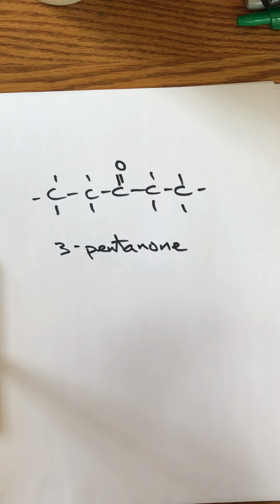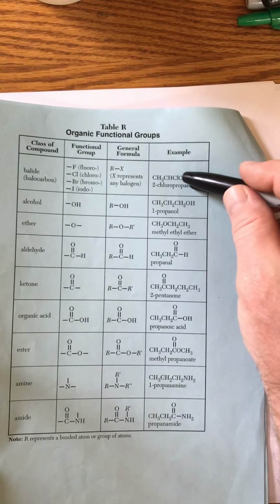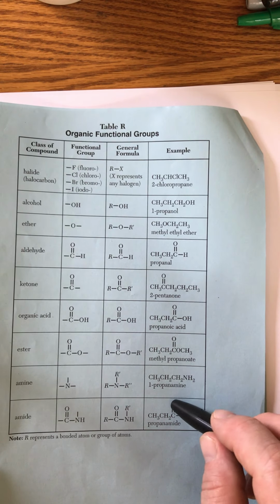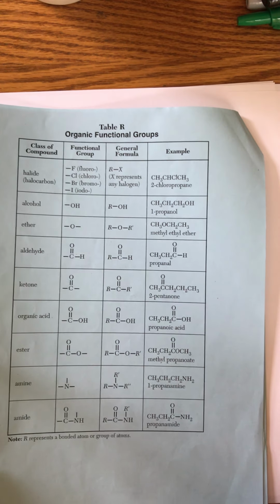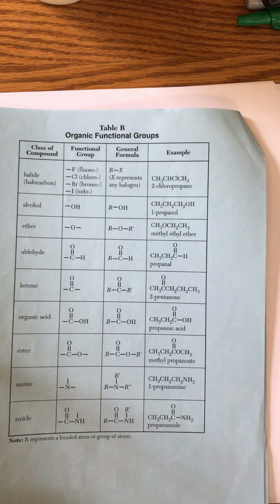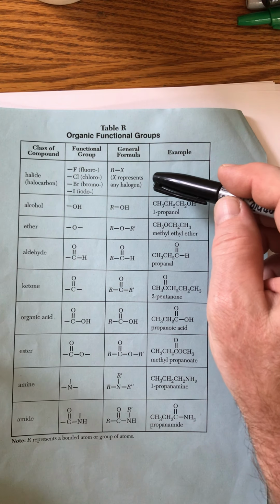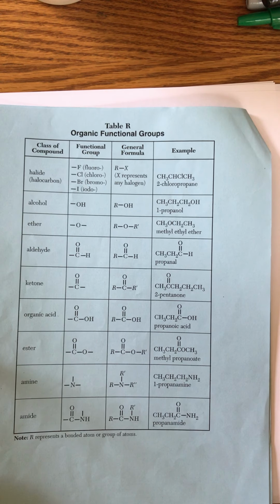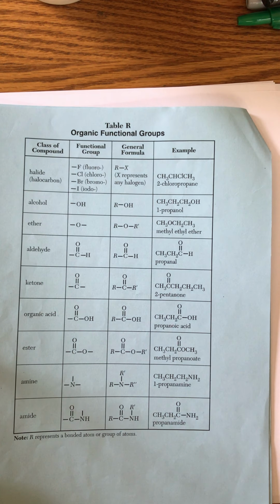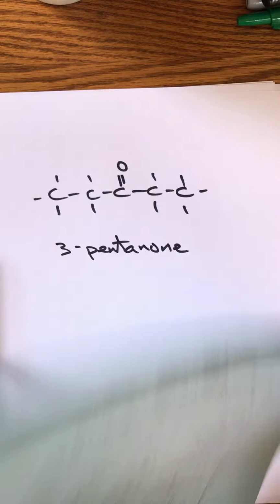Now, that's really helpful, this column on table R. If the example they give you has a number, you know in your naming conventions you need a number. If the example they give you doesn't have a number, you know that your compound is not going to need a number. It's kind of a dead giveaway. I like that. They give you good examples here.